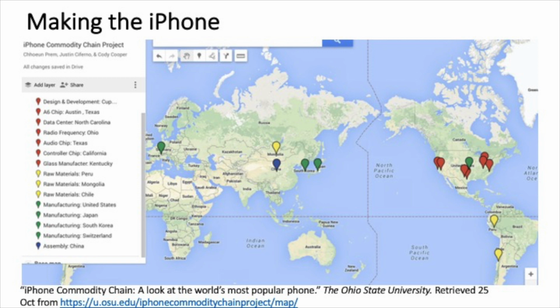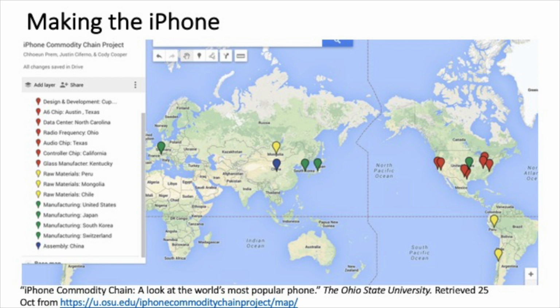But as you can see from this map, and I think it was part of a student project at Ohio State, it took a lot of collaboration across international markets to produce that iPhone or smartphone that you have. You do see multiple countries and continents represented in the production of the iPhone. So we do truly have a global economy.